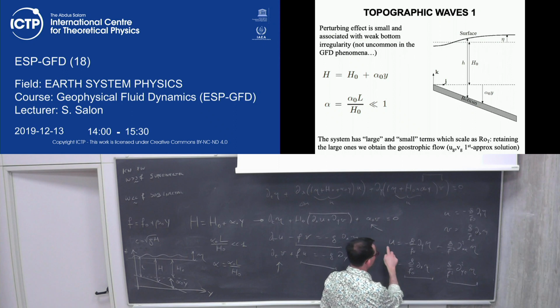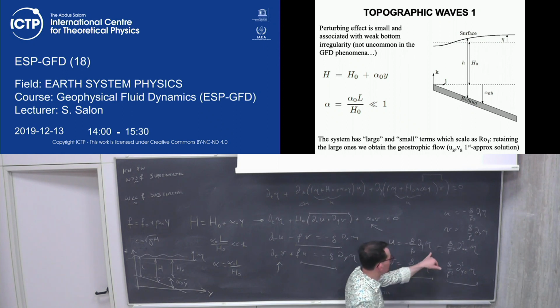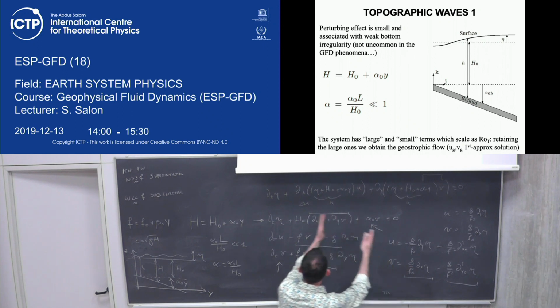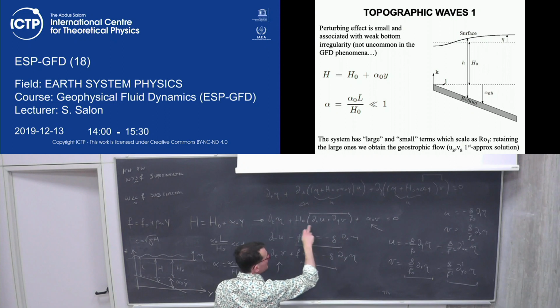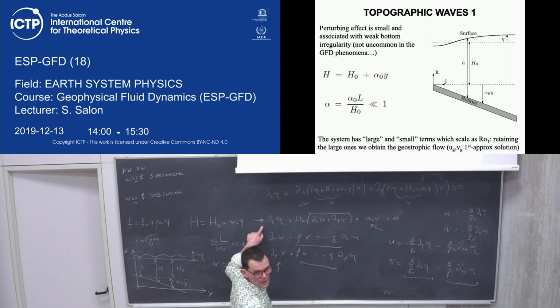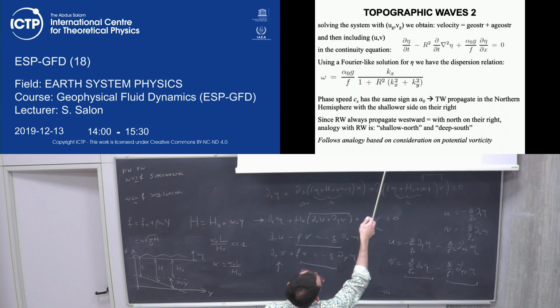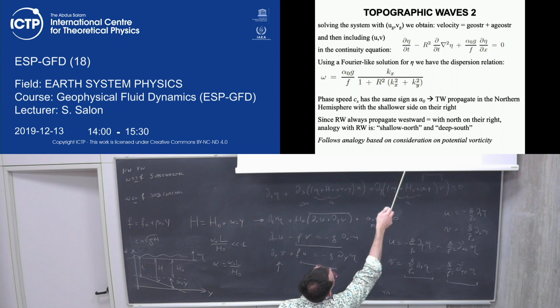And again u and v, the two velocity components, are only functions of eta. So I can put u and v inside the continuity equation, to have an equation only for eta, which is this one: d eta dt minus the Laplacian of eta, plus alpha 0 g over f d eta dx.